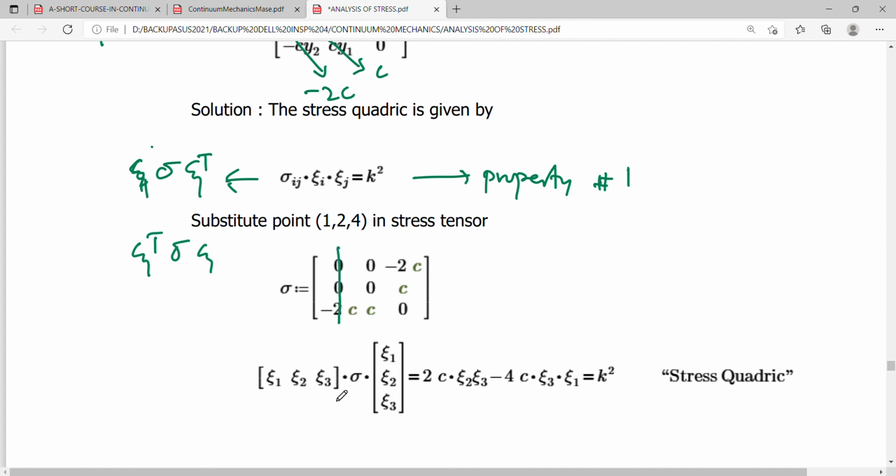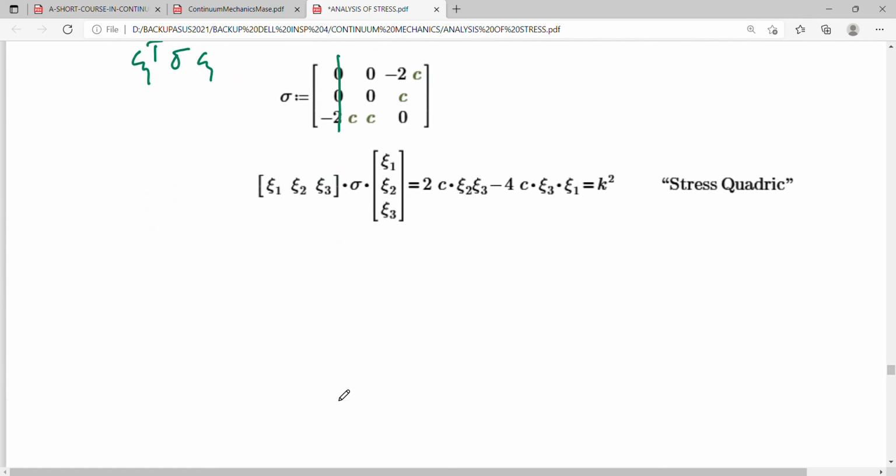If I do the simplification of this part here, I will get a minus 2c cassis of 1. And then comma, if I multiply this and this, I will get c cassis of 3, and then c cassis of 3.